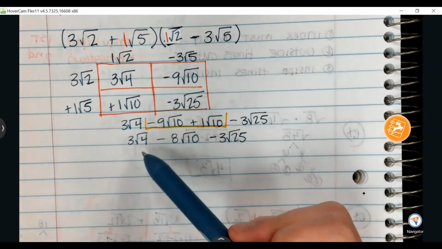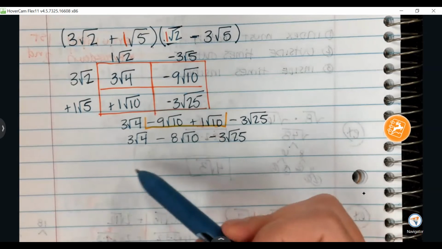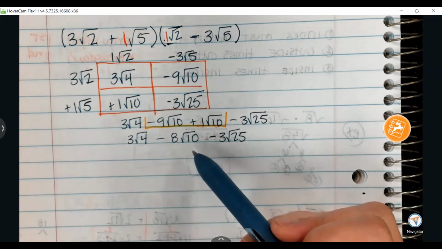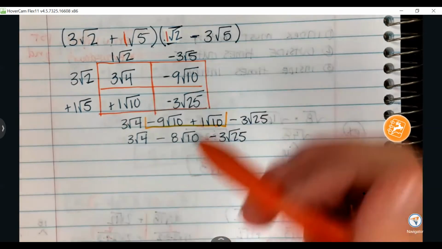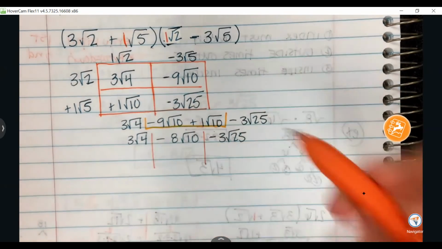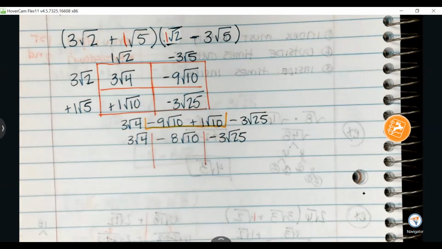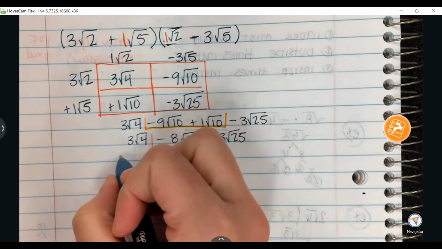Can I break 4 down? Yes. Can I break 10 down? Kind of. Can I break 25 down? So this looks like an adding problem. So go real quick, break those 3 things down for me. Okay. Everybody should be breaking these down.